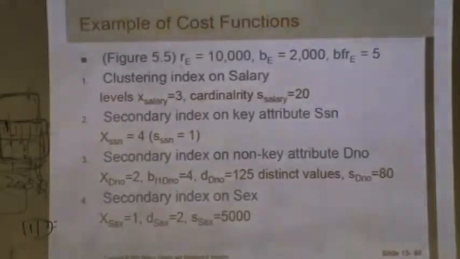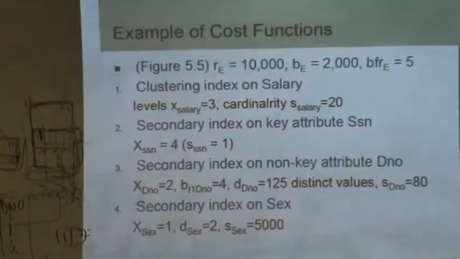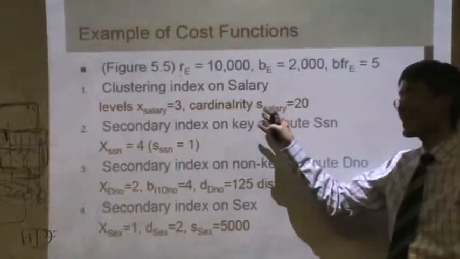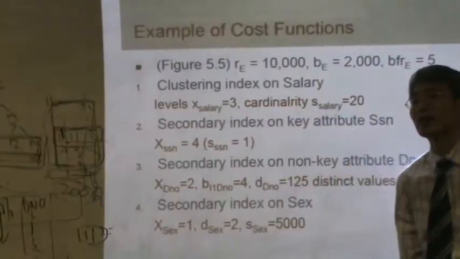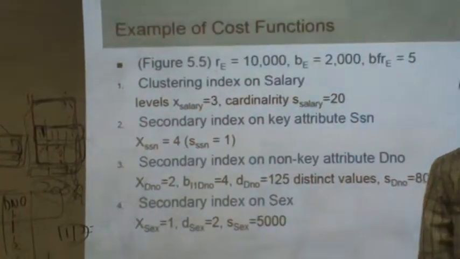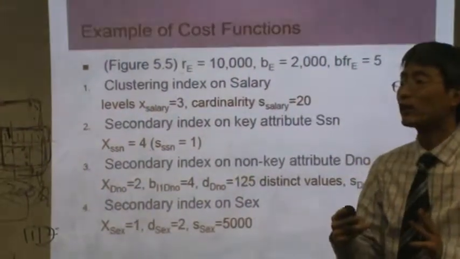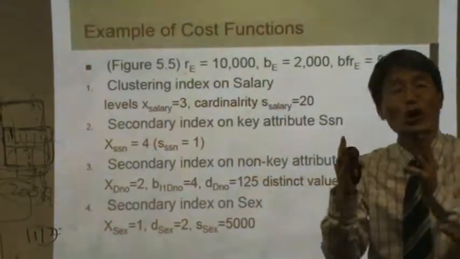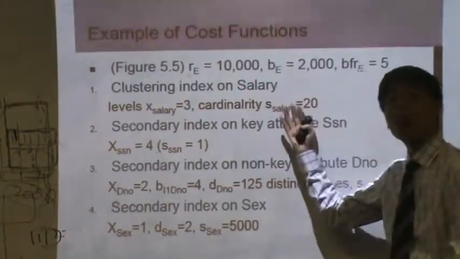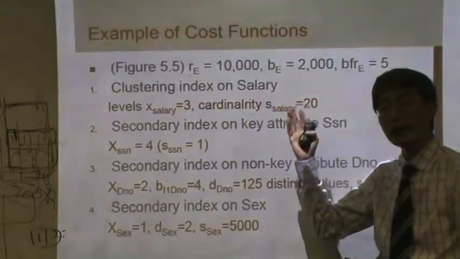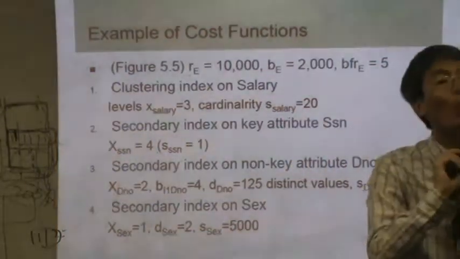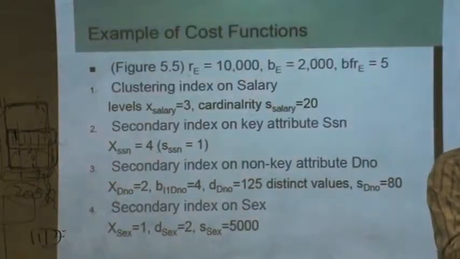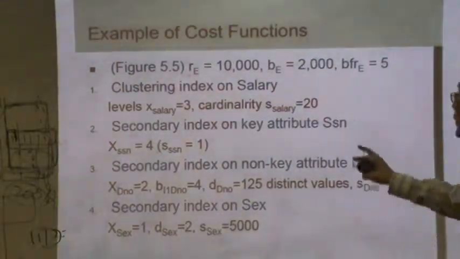It's the data distribution, which means for each salary, how many employees? 20 on average. We don't know the exact number, but on average, when you select a specific salary, that will return 20 employees. That is this one.